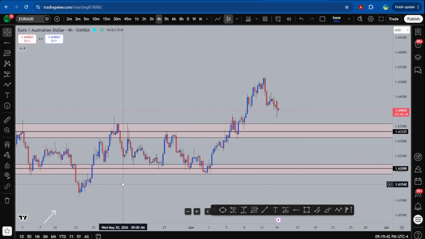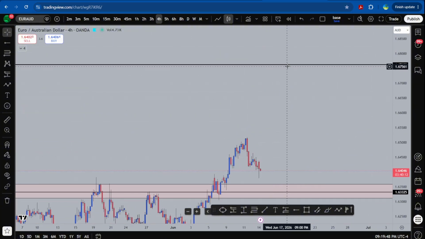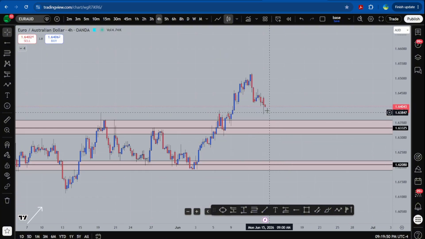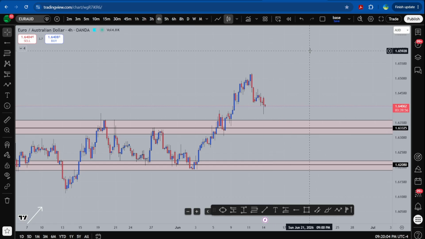I'm going to wait for the 4 hour to come down here and dance a bit, and then head back up. Once we get down here on the 4 hour, I'm going to go down to the 1 hour and wait for the market to shift from bearish to bullish on the 1 hour, and then take the trade up.